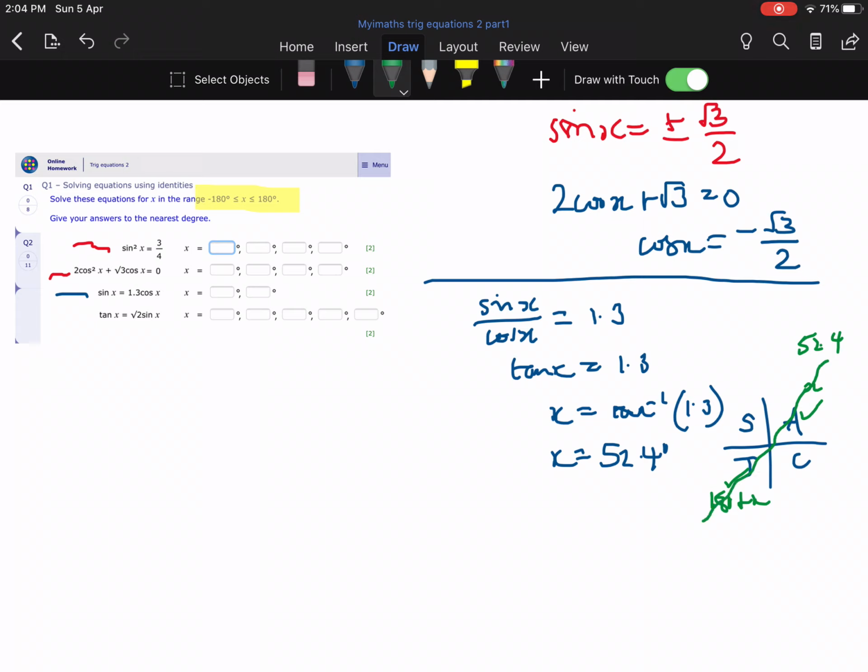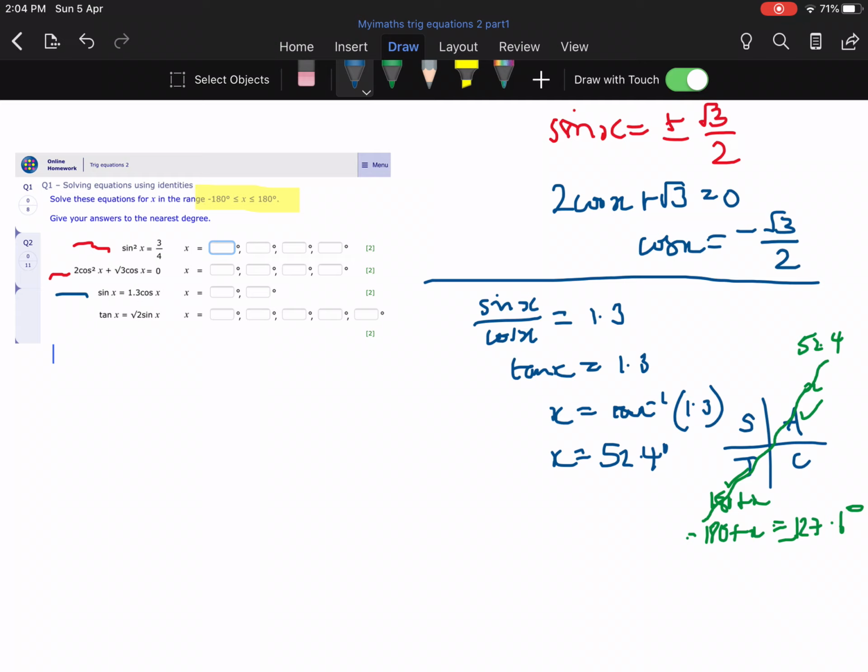Now 180 plus x is going to be outside of the range, so I can't use that one, but I can use the negative one, which is going to be negative 180 plus x. So that's going to be, what's that, 127.6. And that there is your two answers with the negative.